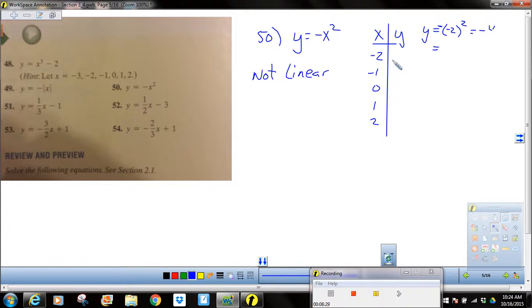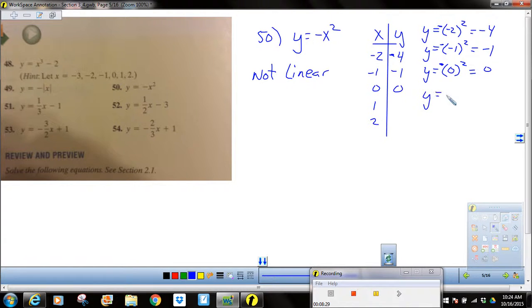So I can just write that down. The next one, we're going to try negative 1. Put a negative out front there. Negative 1 squared is positive 1, but with a negative in front would be negative 1. Putting a 0 on it. 0 squared is 0.